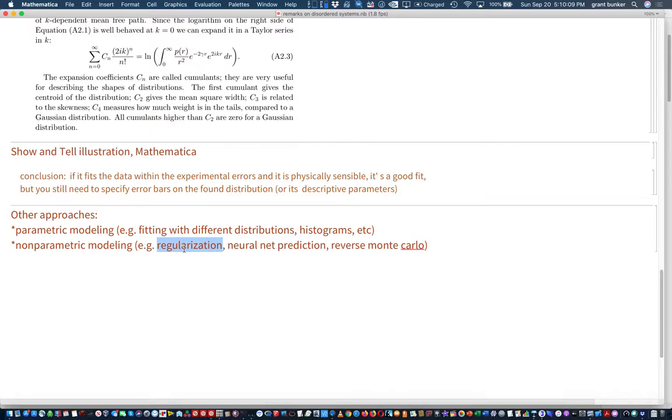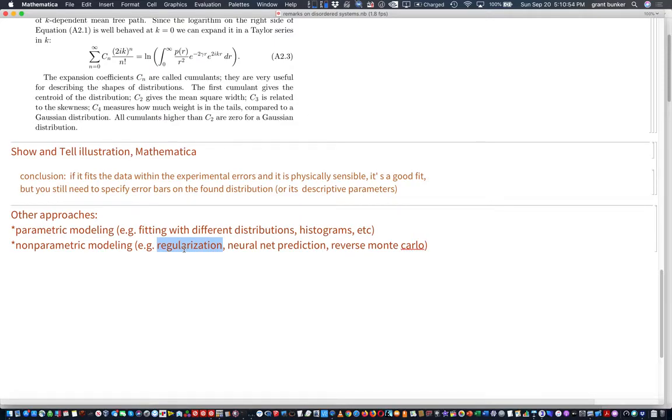There are other ways of doing non-parametric modeling, and for generating RDFs, I think that Anatoly and some other folks have used neural nets recently, and used wavelet decomposition to build a machine, in effect analogous to regularization, but different, that when you feed it the data, generates an estimate of the radial distribution function that produced it. And this is done not through means like regularization, but by training it with a whole bunch of known data sets, where you can calculate this stuff, and train a neural net to do it.